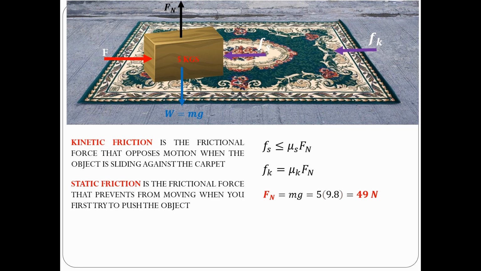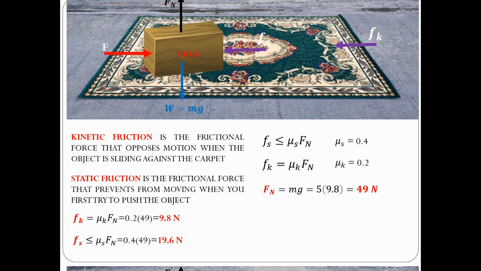Now let's say we have assumed values of μs and μk, and these are μs is equal to 0.4 and μk is equal to 0.2. So calculating the kinetic friction force Fk and the static friction force Fs, we get Fk is equal to 9.8 newtons and Fs is less than or equal to 19.6 newtons.